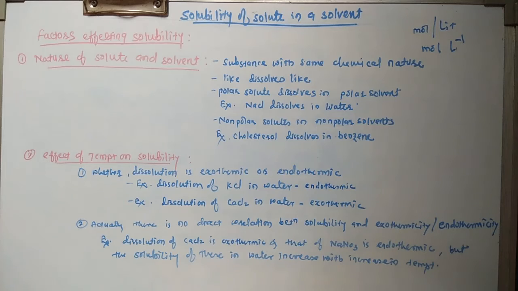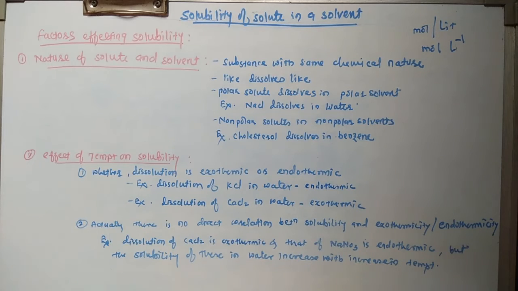Now let us take another example, of an exothermic process. Dissolution of calcium chloride in water is an exothermic process. So while dissolving calcium chloride in water, heat is given out, that means heat is liberated from the solution. If this dissolution is carried out at low temperature, it favors the exothermic process.